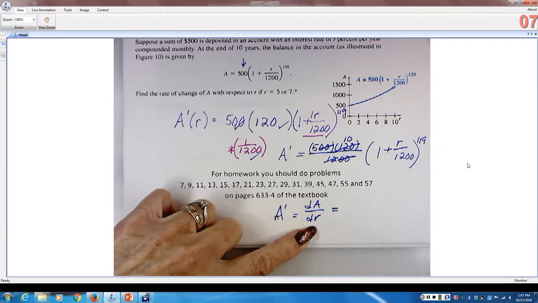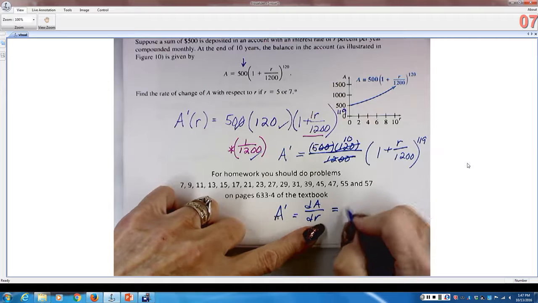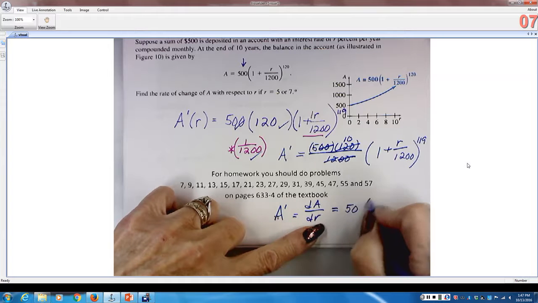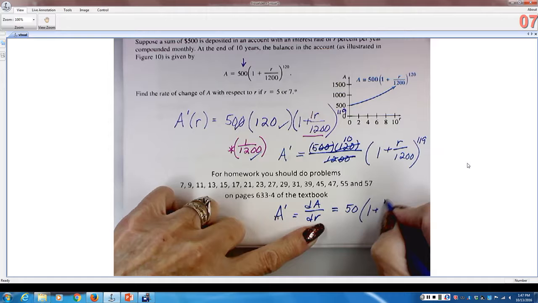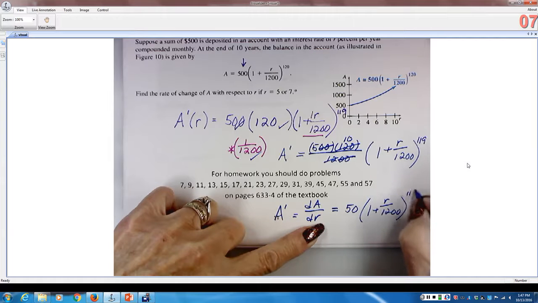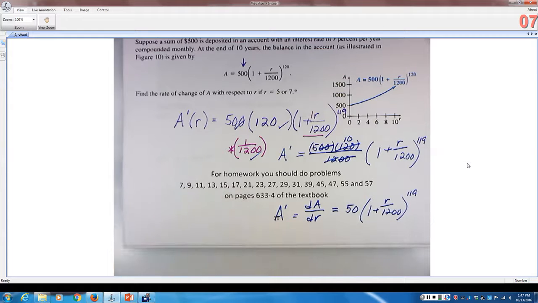So 5 times 10 is 50, times (1 plus the interest rate over 1200) to the 119th power. And then to get A prime of 5 and A prime of 7, you simply plug in 5 and then plug in 7 to that.